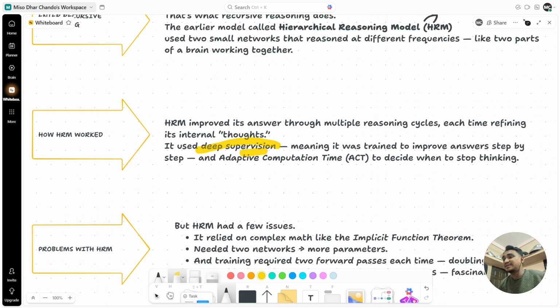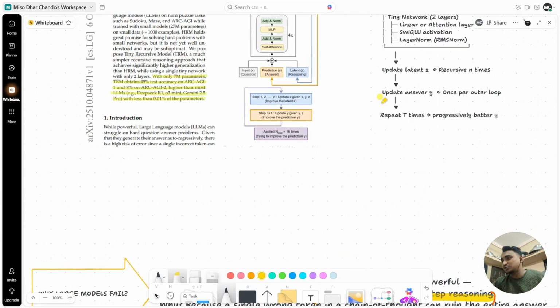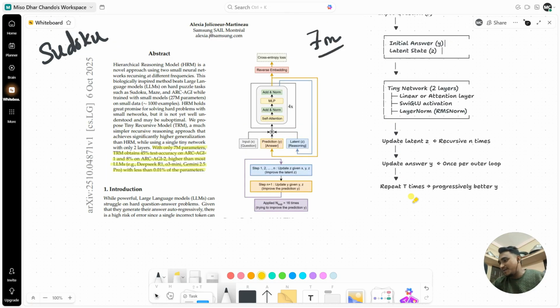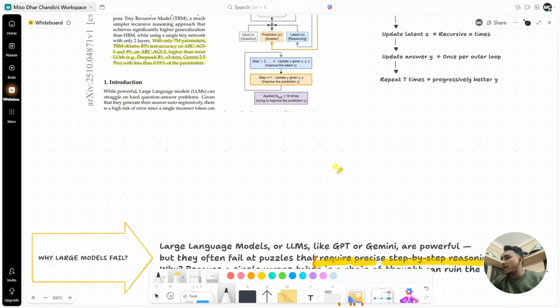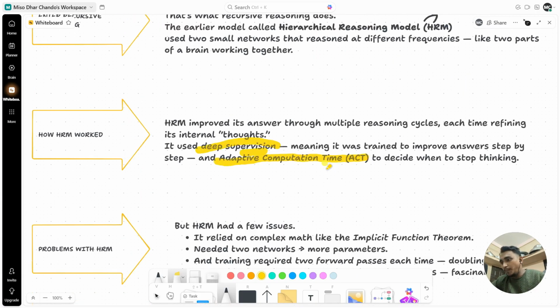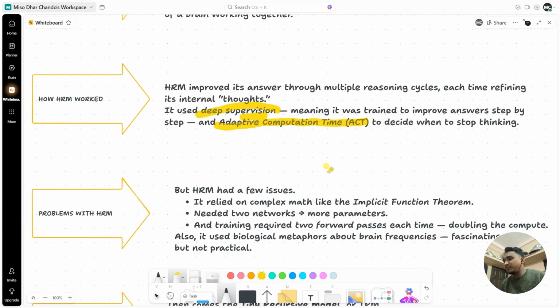It also used adaptive computation time, also called the ACT, to decide when to stop thinking. If I look at this flow, it repeats T times, progressively improving the answer Y. And we stop when the adaptive computation time decides to stop thinking.